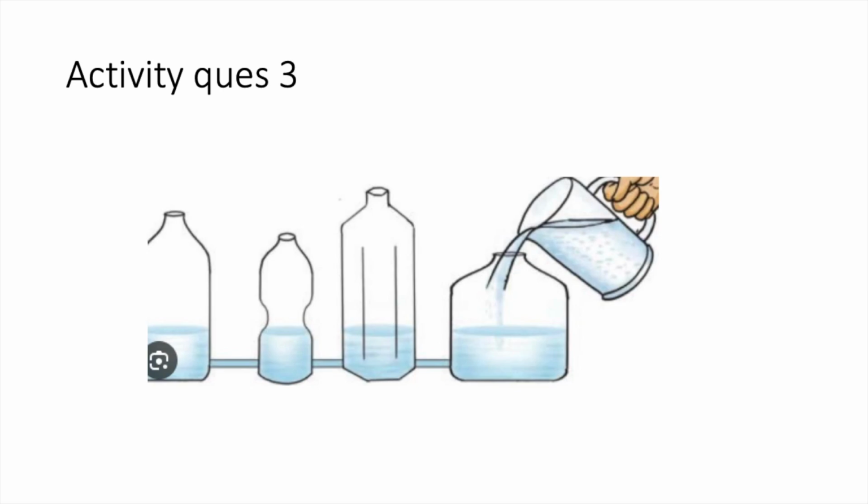Therefore, what happens here is that water in all the bottles gets filled up at the same time simultaneously. As all the bottles are connected to each other, the pressure at the same height from the bottom will be the same in all the bottles. So to maintain that, water will get filled simultaneously.